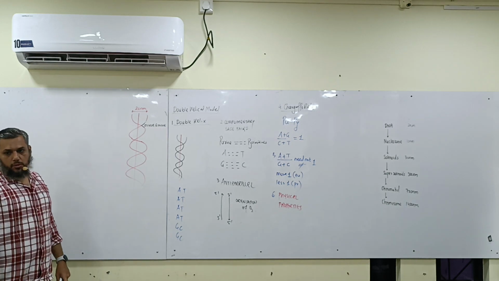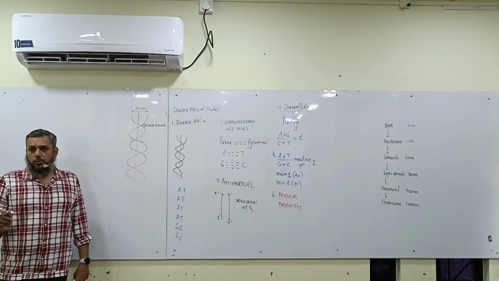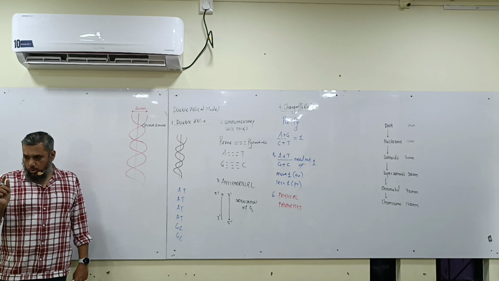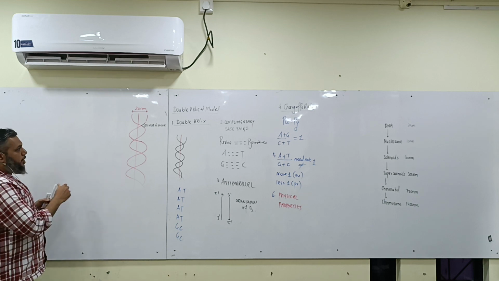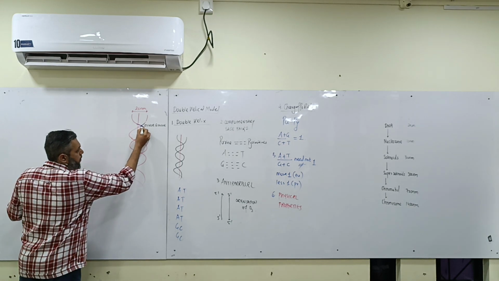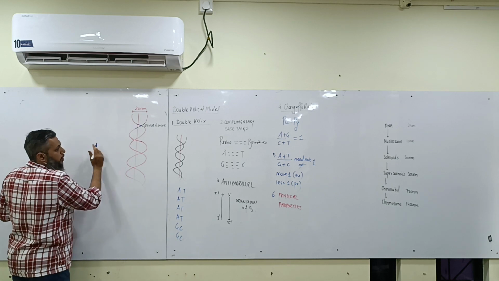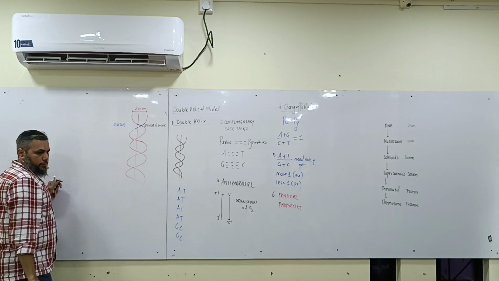So when do you get a minor groove? When the two strands coil over each other. And when the strand coils over the imaginary axis, you get a bigger groove, and that is called the major groove.